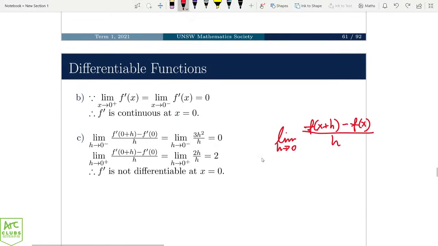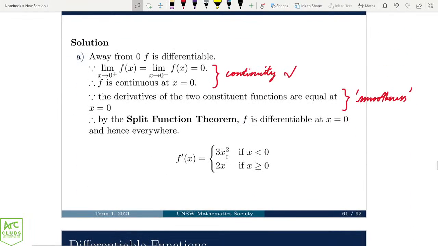So remember, on the left-hand side of 0, we'll be dealing with the function 3x squared, and on the right-hand side, we'll be dealing with the function 2x.